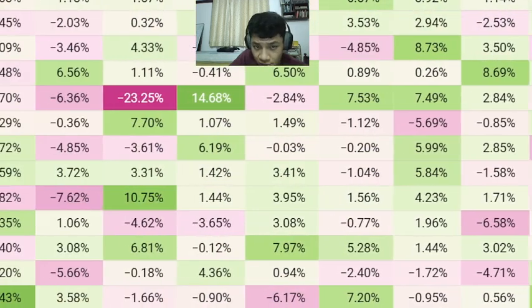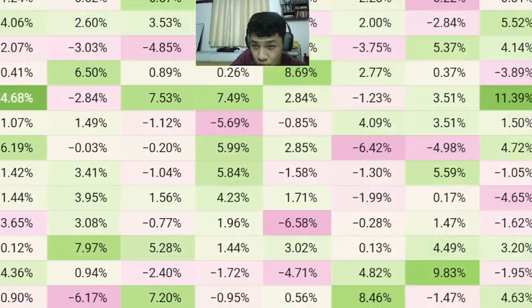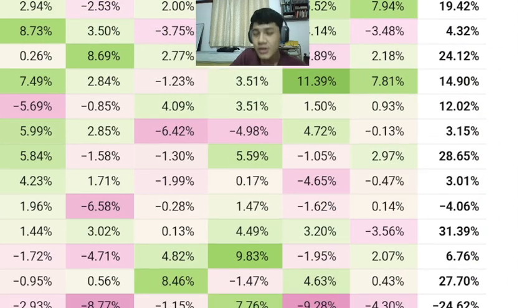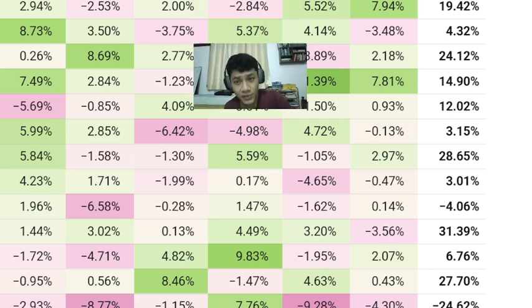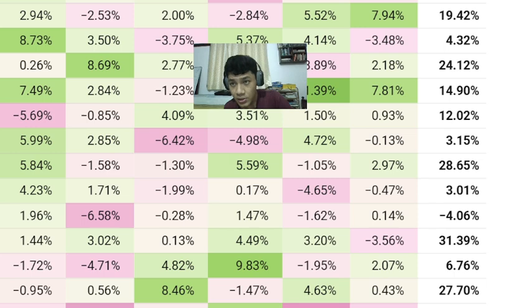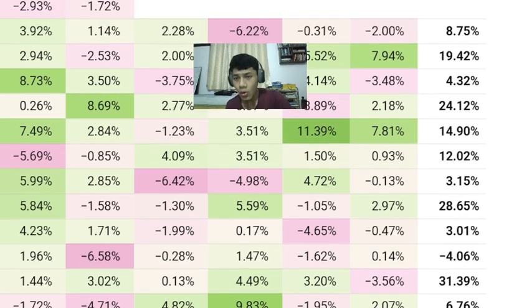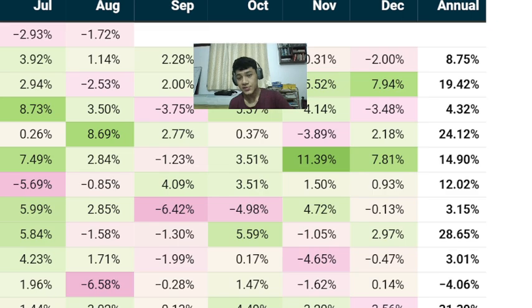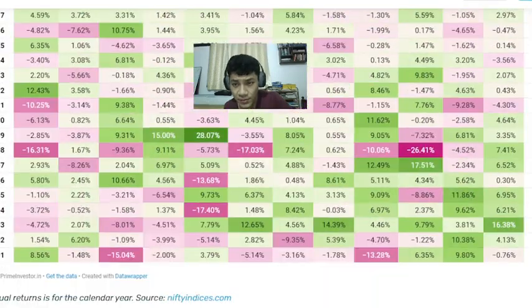The last down year in the Nifty 50 was 2015, minus 4% return that year. Since 2015, all we have had are positive returns. Pretty good. Now let's see the composition of Nifty 50.